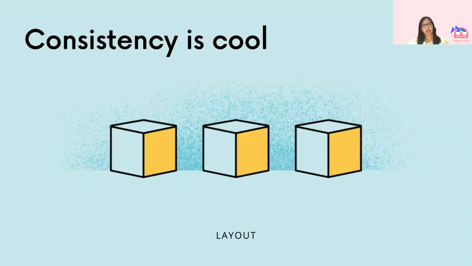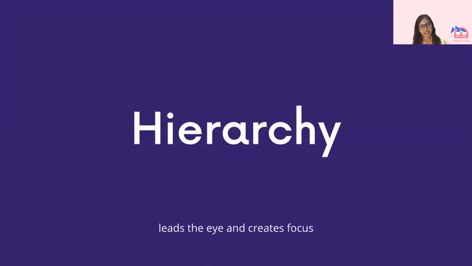To talk more about layout, let's first talk about hierarchy. Hierarchy leads the eye and creates focus. So in graphic design, you also have to take note of the things you put inside your design.